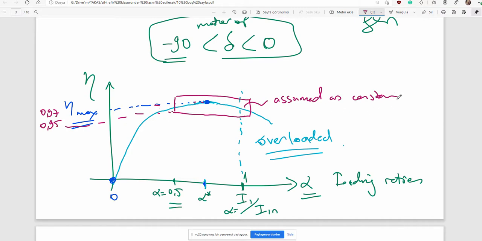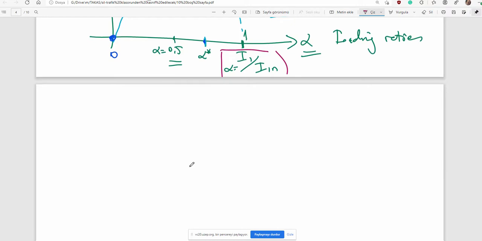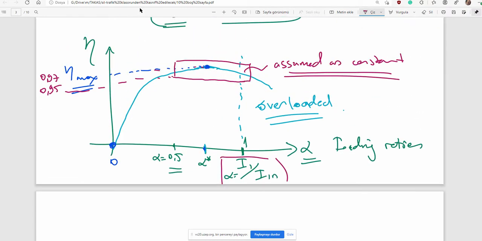So in this region it is assumed as constant. There is not much change in the region close to rated power. Okay, that was something additional about the efficiency problem.